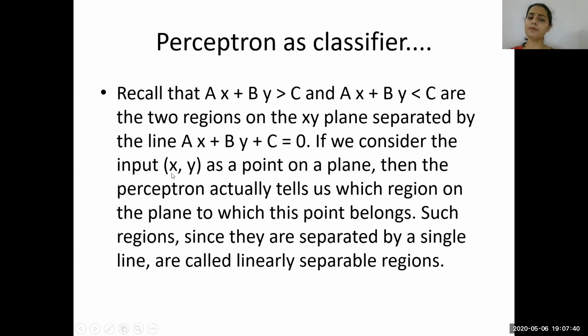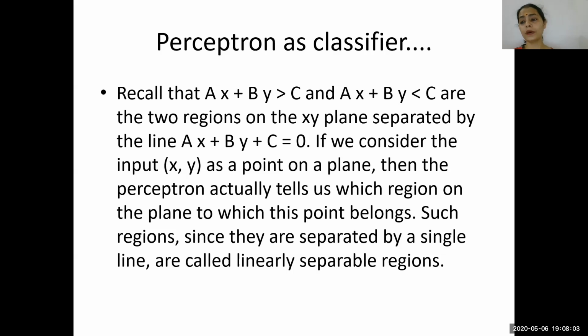If we consider the input x and y as a point on the plane, then the perceptron will tell us which region on the plane this point belongs to. Such regions, since they are separated by single lines, are called linearly separable regions.